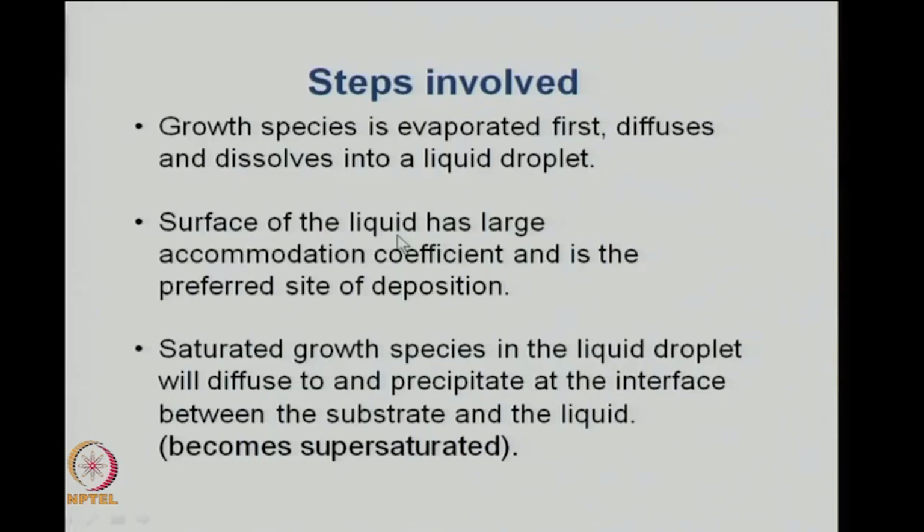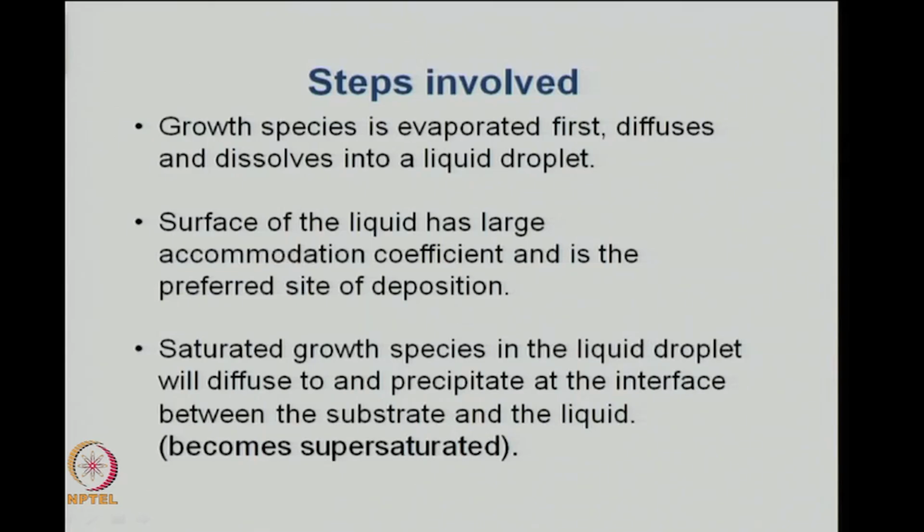Like in any heterogeneous catalysis reaction, if your surface is a solid surface, then there are some sites where the gas molecules preferably occupy. But since this is a liquid droplet, every site can accommodate the incoming gas molecule. And so, what we say is that the surface of the liquid has a very large accommodation coefficient, and that is, it has lots of preferred sites of deposition.